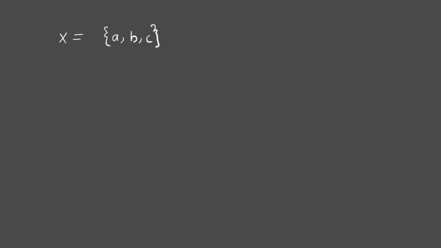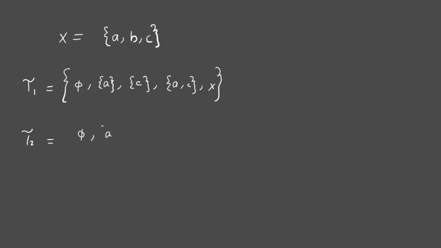We are taking collections: tau 1 has members phi, A, C, AC and X. The second, tau 2, has phi, A, AB, AC and X.